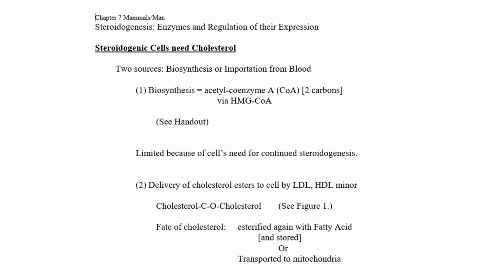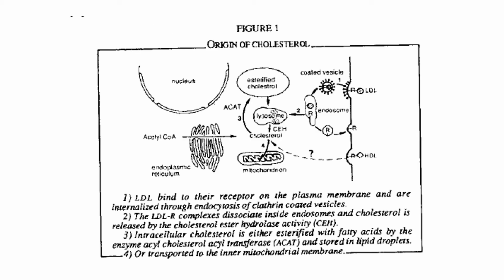But if you can get it for free from the diet, it's a lot less energy expended than if you had to make it yourself. If I'm a steroidogenic cell, I would prefer to get it from the blood. Okay? Alright, let's go look at the actual first figure in your textbook.